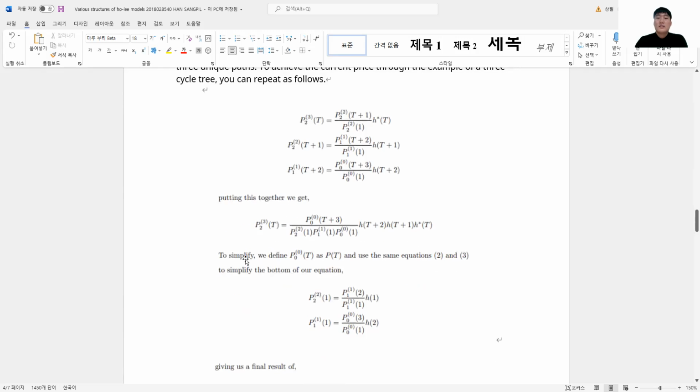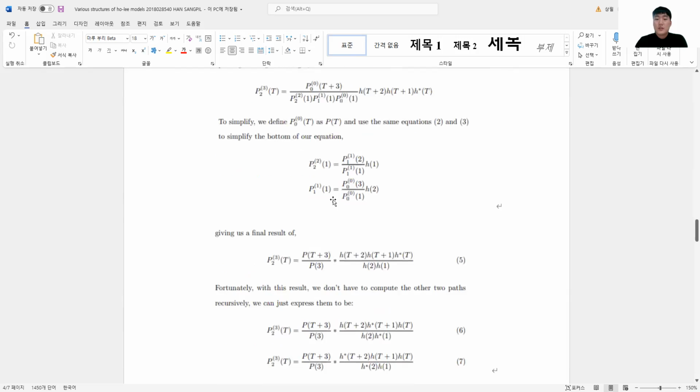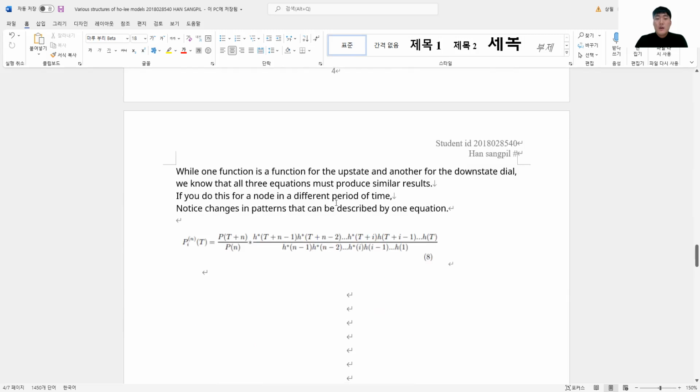Putting this together, we define and use the same equation and simplify the bottom of our equation, giving us a final result of one function for the upstate and another for the downstate. We know that all three equations must produce a similar result, and if you do this for a node in a different period of time, notice changes in patterns that can be described by one equation.